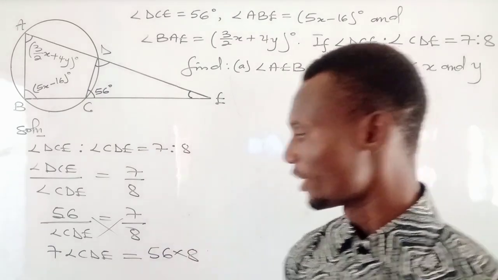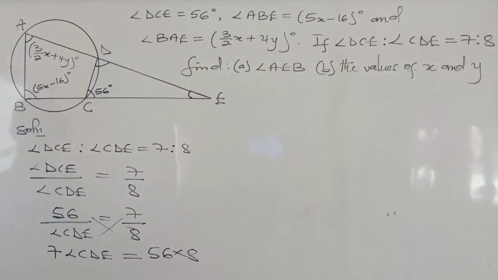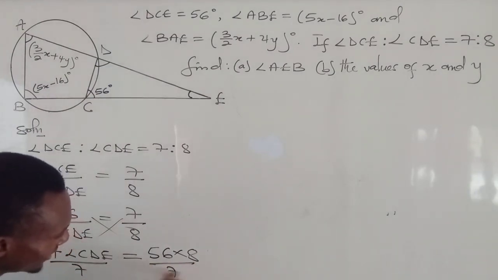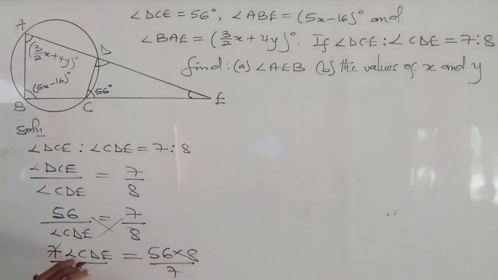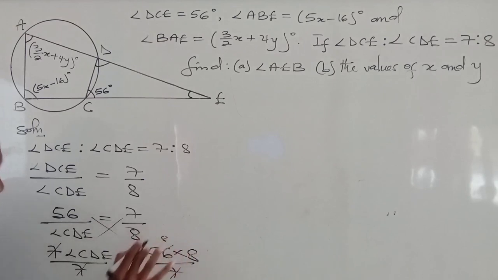So let's proceed. To get my angle CDE, I'm going to divide through the equation by 7. So I'm going to divide here by 7, I hope you agree with me, and I'm going to divide here also by 7, so that this 7 and this 7 can cancel. Then 7 goes here 1, 7 goes into the 56 8 times.